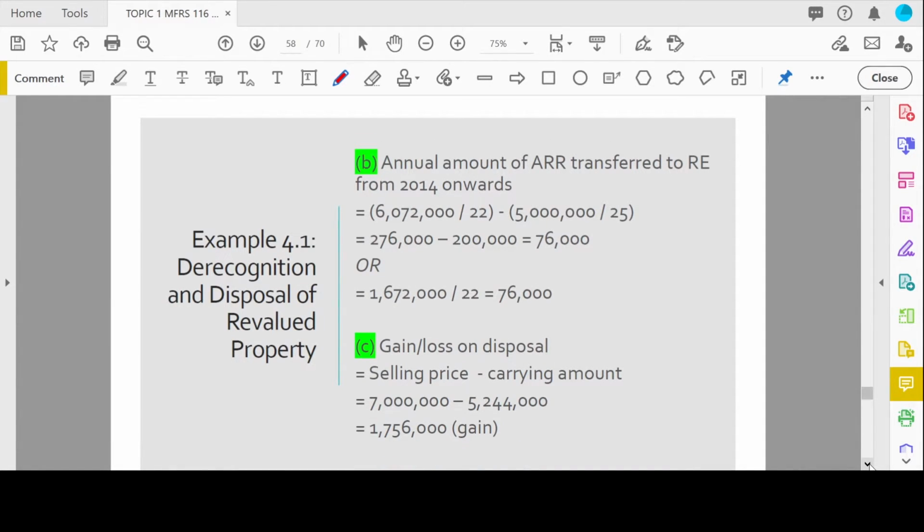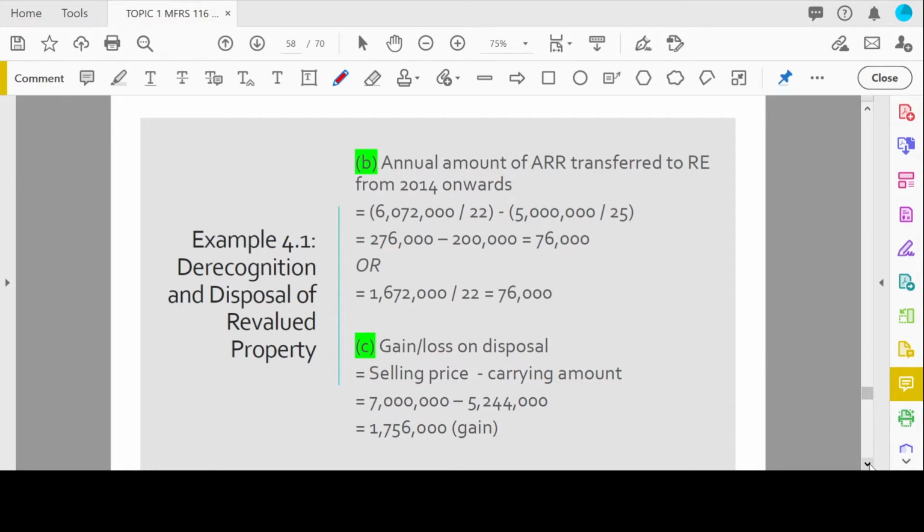Annual amount of ARR transferred to retained earnings from 2014 onwards. We can only transfer from ARR to retained earnings if we have any balance in ARR. In year 2014, we revalue our asset, and from the revaluation we get surplus on revaluation.